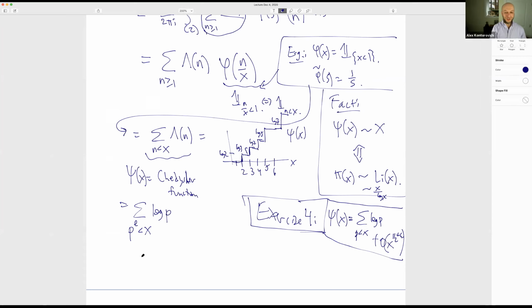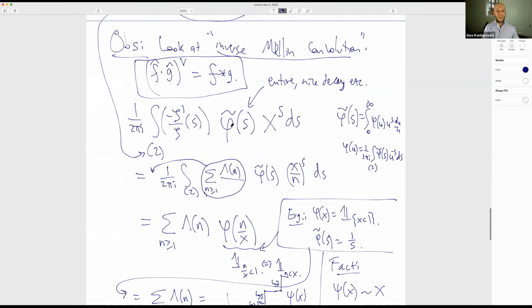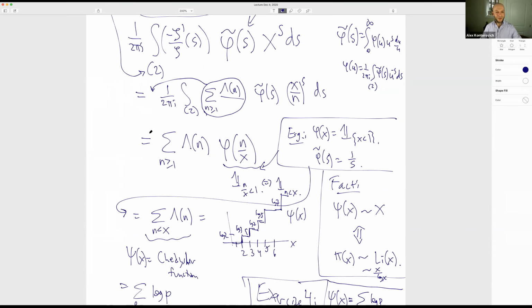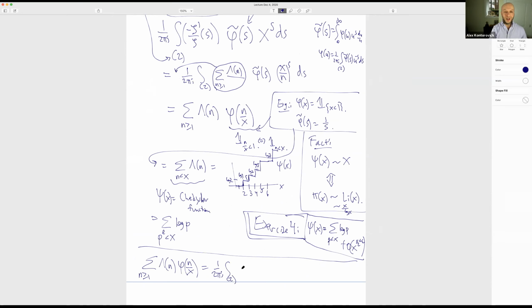Let's come back to the other side of this calculation. The sum over n greater than or equal to 1 of von Mangoldt of n, phi of n over x, was this integral: 1 over 2 pi i, integral over a vertical line, of negative zeta prime over zeta of s, phi tilde of s, x to the s, ds.